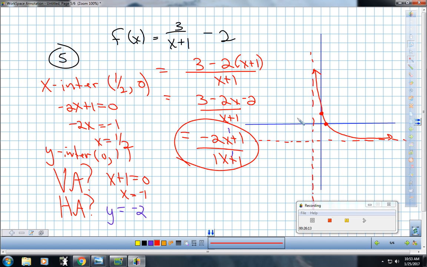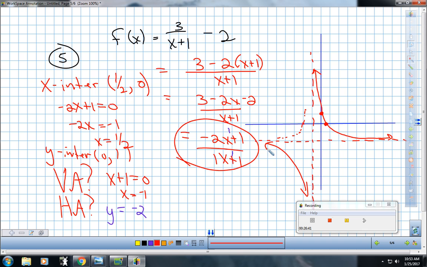You see what I'm saying? So I know before I plug any points in that it's going to look like that. Does that make sense?